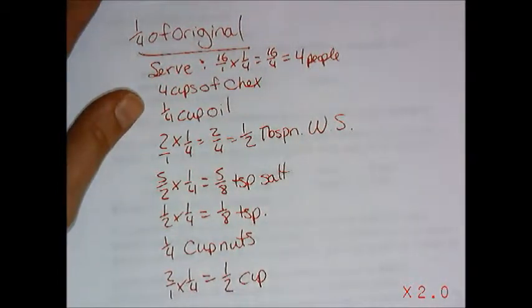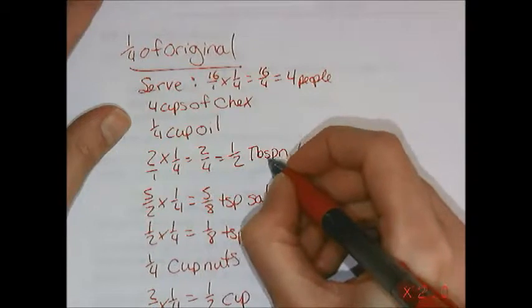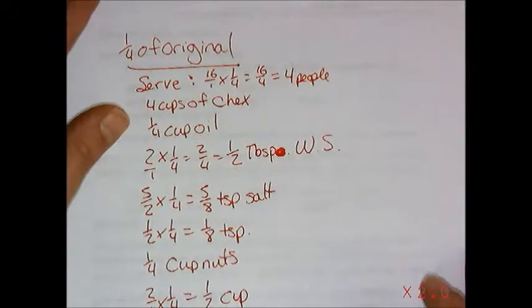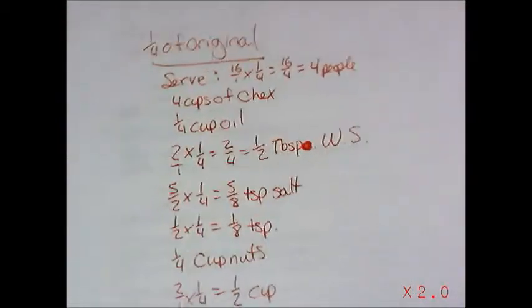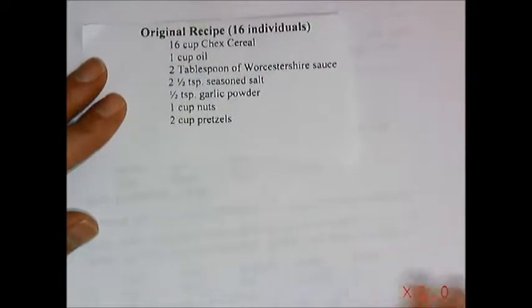Okay, so now I am going to convert the recipe into half of the original recipe. Excuse me, up here where it says tablespoon, it should be TBSP, the abbreviation for tablespoon. Okay, so half of the original. So here's my original, and I'm going to convert it so I find just half of the original.